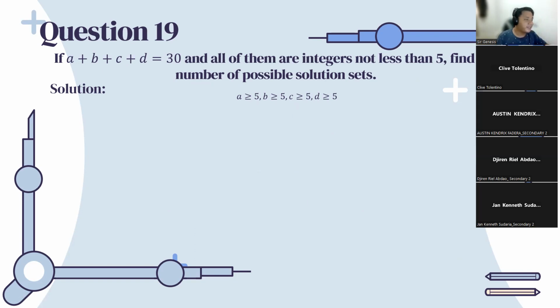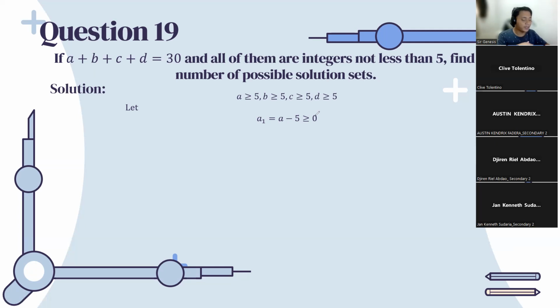Okay, so with that in mind, we can just let A sub 1 be equal to A minus 5. Now, we let A sub 1 here because what we want is to use the stars and bars formula directly, n plus k minus 1, choose k minus 1. For that one, we need greater than or equal to 0 because that formula is used for non-negative.